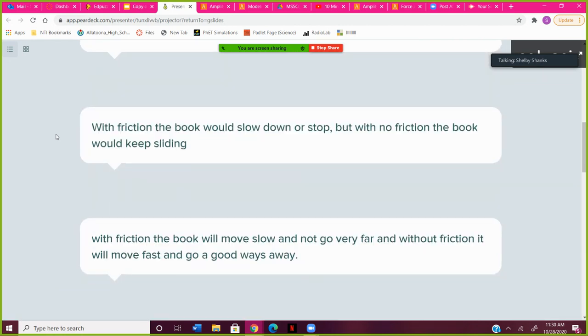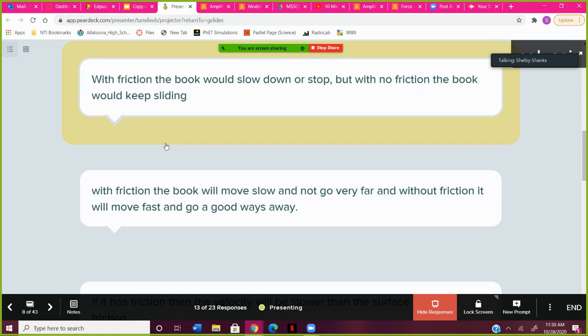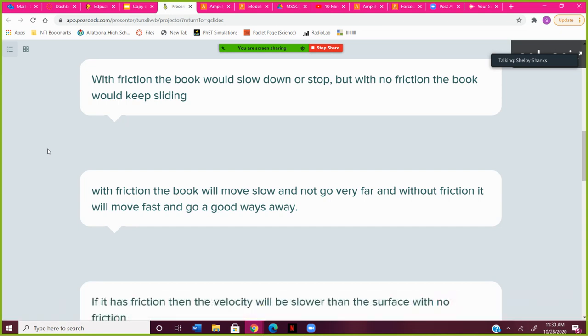All right, so this answer looks really good, even if it is short. So with friction, the book would slow down or stop, but with no friction, the book would keep sliding, right? Because there's no force acting on it.